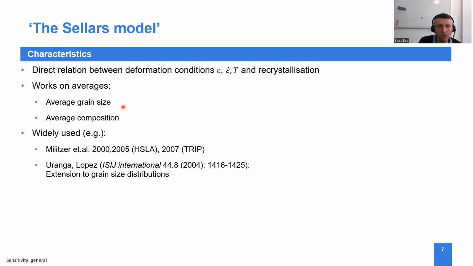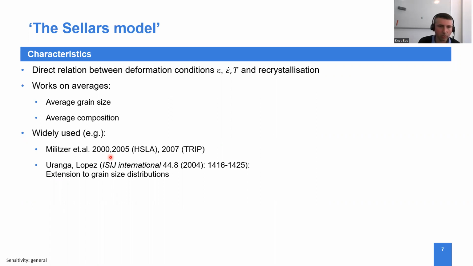If you have a look in literature, the group of Professor Militzer has published models for HSLA grades, for carbon manganese grades, but also for more modern TRIP steel grades. So actually this can work quite all right. And of course, there have also been extensions, for example the work from Spain to extend it into grain size distributions. Now you might wonder, this all seems fairly basic, so how well could that work?